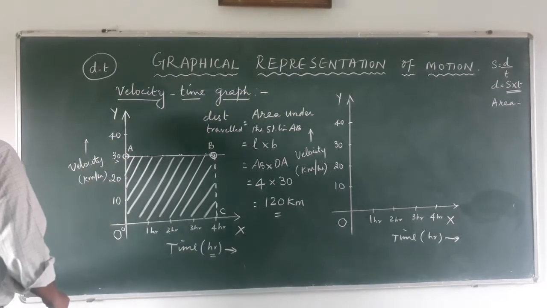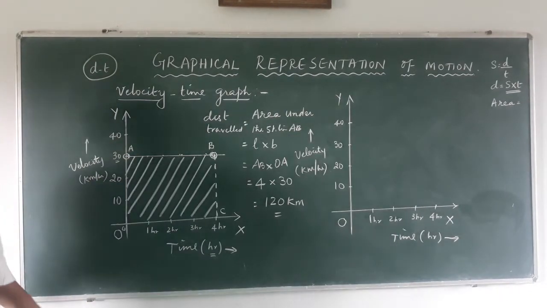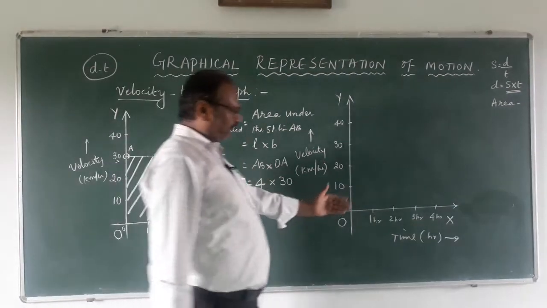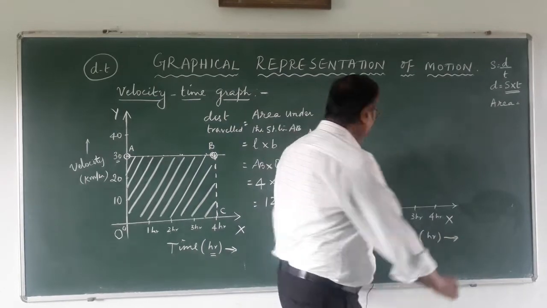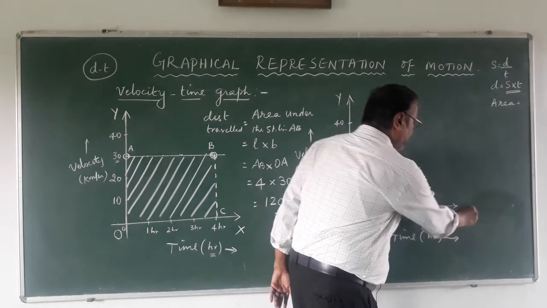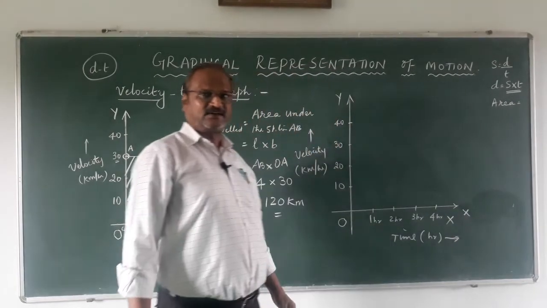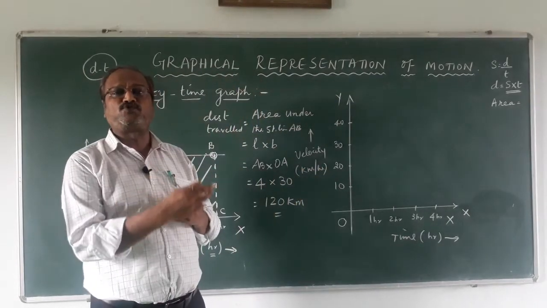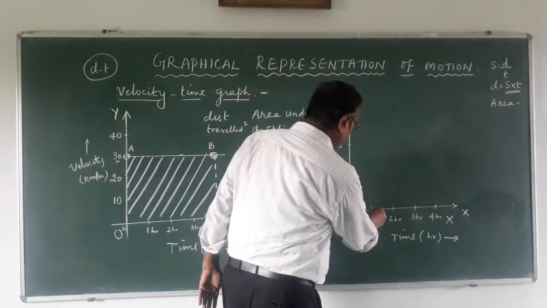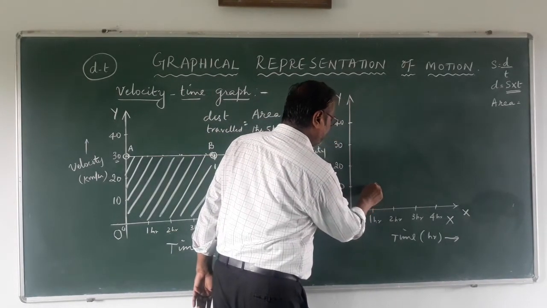Okay, now let us move on to another type of graph. The same thing, velocity time graph. Here I have taken time on the x-axis and I have taken velocity on the y-axis, right? Now, here the body is going with uniform acceleration. At 1 hour, it is 10 kilometer per hour.